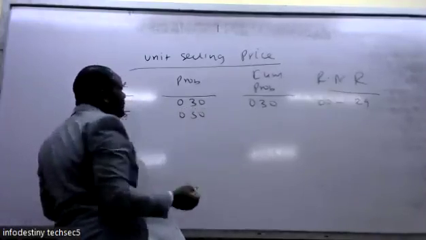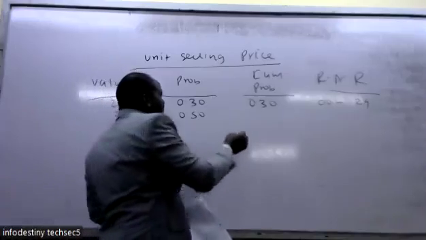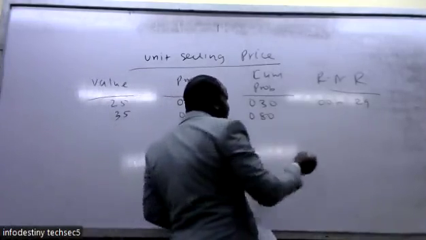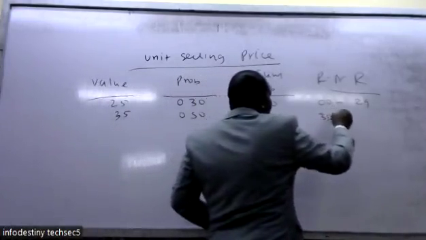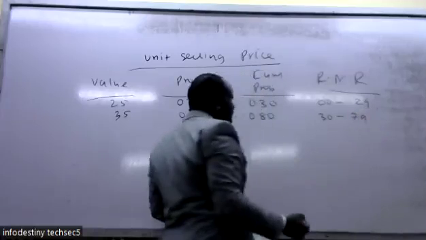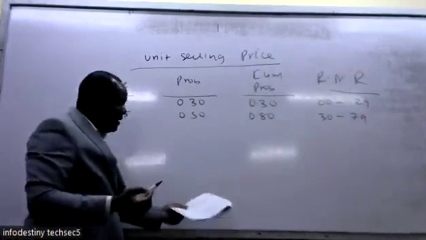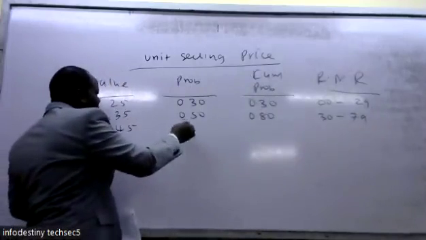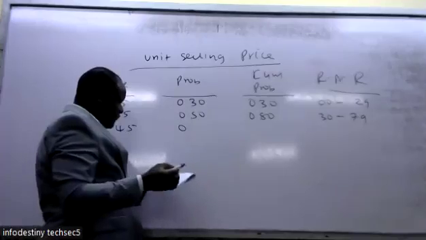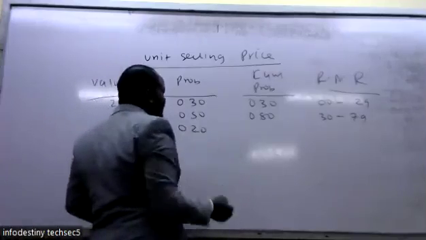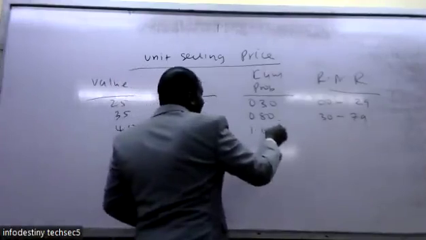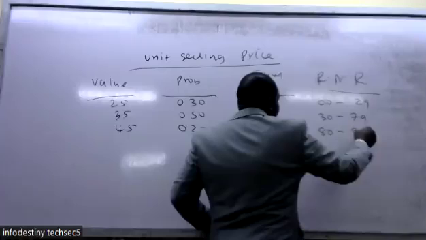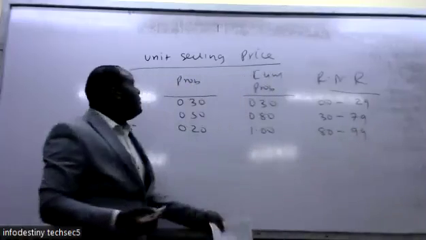So cumulative will be which here? 0.8. So that we start from where to where? 30 to 79. The next one is 45. So for this 45, it is 0.1. So cumulative now will be what? So that you start from 80 to where? 99. So that is now for the unit selling price.